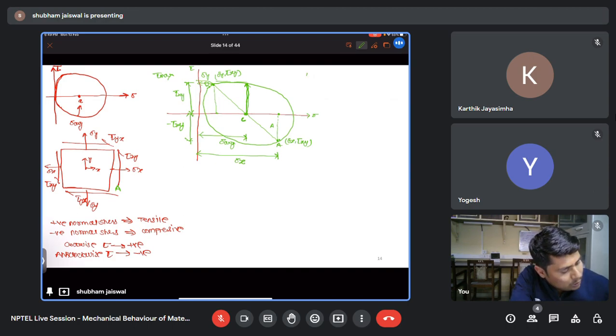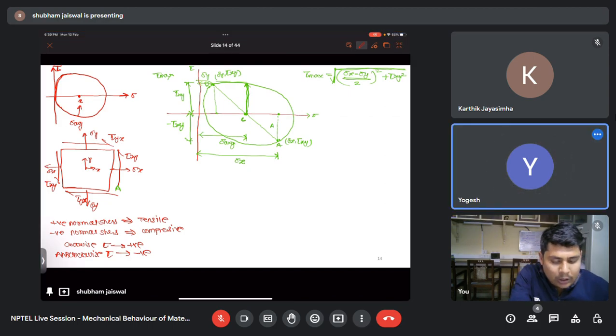So the radius of the circle is given by under root of sigma x minus sigma y by 2 whole square plus tau xy square. Okay. Is it correct? Mr. Karthik, Mr. Yogesh?